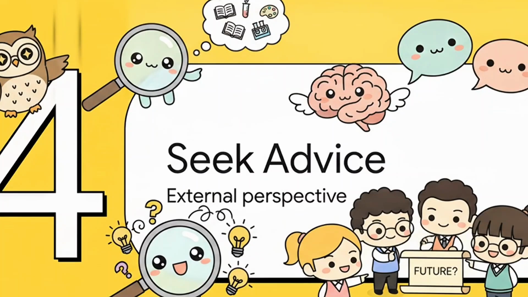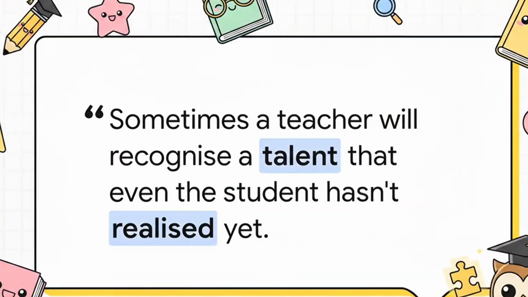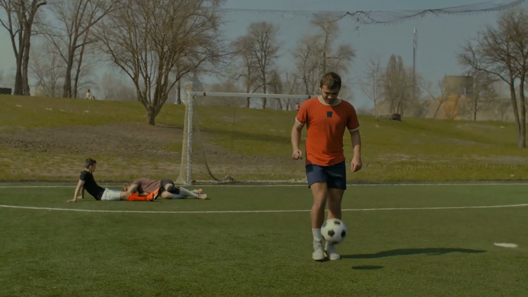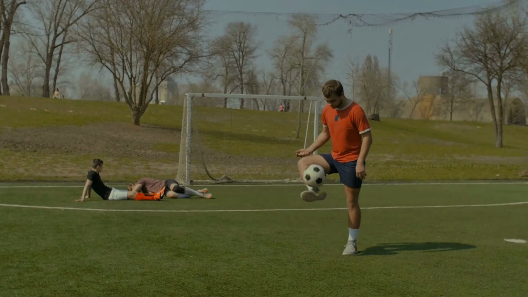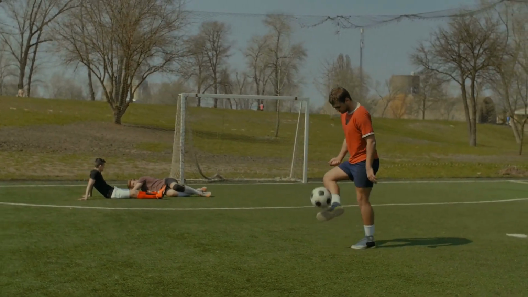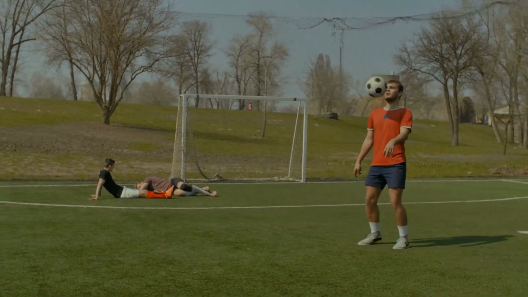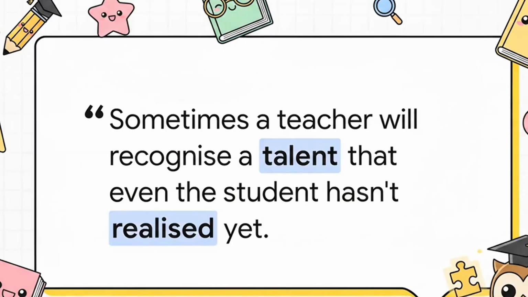Seek advice. Now, let's talk about getting another perspective. Your parents know you extremely well, and of course, you know what you enjoy. But your teachers see a completely different side of you. They observe how you solve problems under pressure, how you contribute during group activities, and how you demonstrate creativity and leadership inside the classroom.